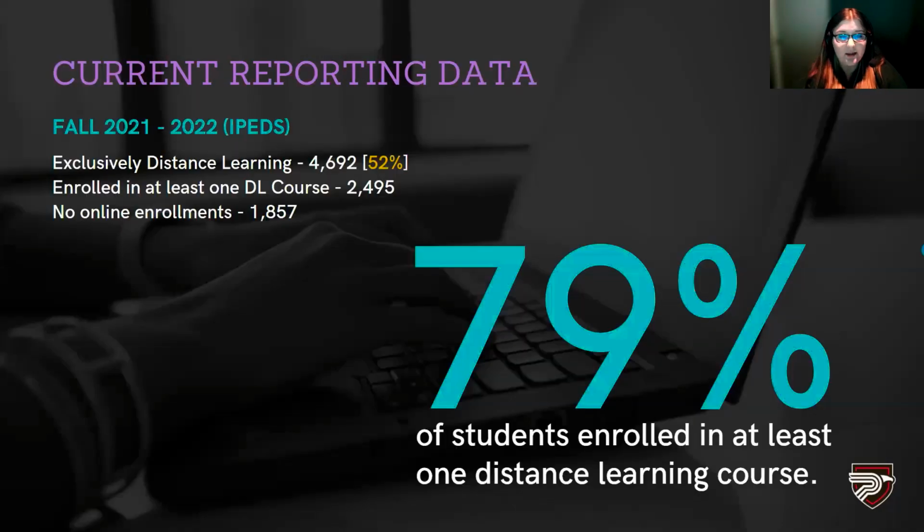But the academic year after that, in fall 2021, that is when we kind of returned to as normal as you could get back to, and our fully online or fully distance learning enrollment was 52%. So still not as high as it was during and immediately after COVID, but higher than it was prior to that. The key point here is that 79% of our students are enrolled in at least 1 distance learning course. So that is a huge number that we never had before.